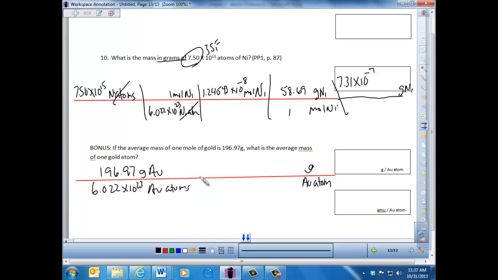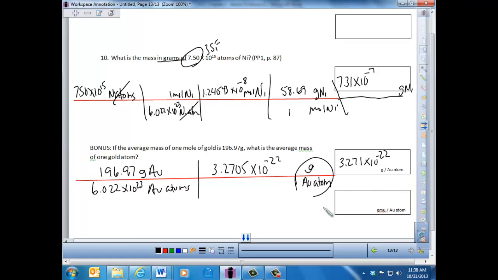So you do that, reduce that fraction, it comes out to 3.2705 times 10 to the negative 22 grams per gold. Round it to 3.271 times 10 to the negative 22 grams per gold. That's why I gave you the units in the box. Hopefully it would stimulate this right here, realizing that you already have it.